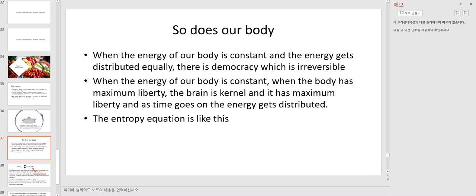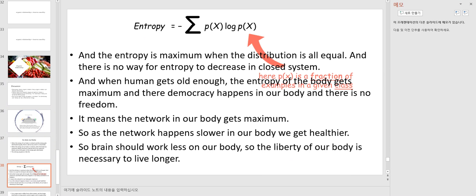The entropy equation is like this. The entropy is maximum when the distribution is all equal, and there is no way for entropy to decrease in a closed system. When a human gets old enough, the entropy of the body gets maximum, democracy happens in our body, and there is no freedom.